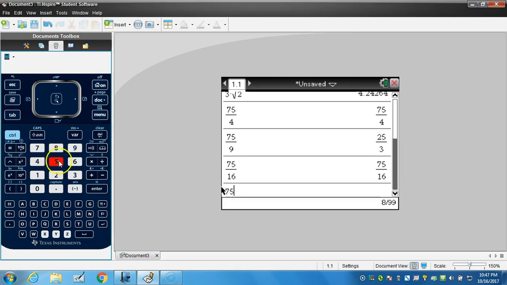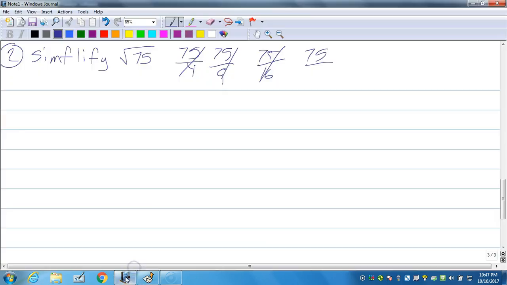The next one's going to be 75 divided by 25. Yes, and that works. 75 divided by 25, and that gives us 3. So 75 is equal to 25 times 3.